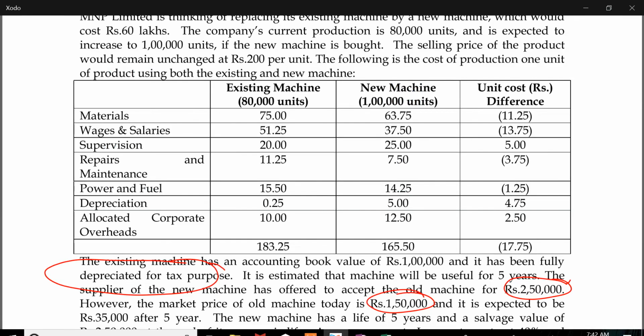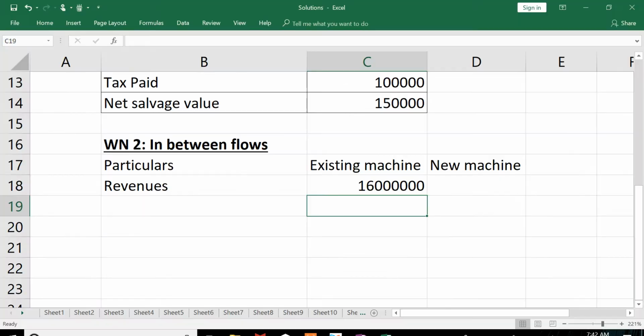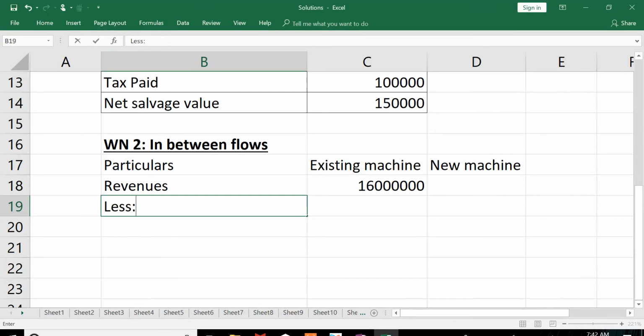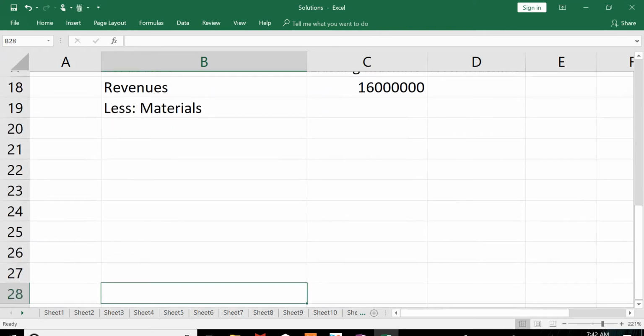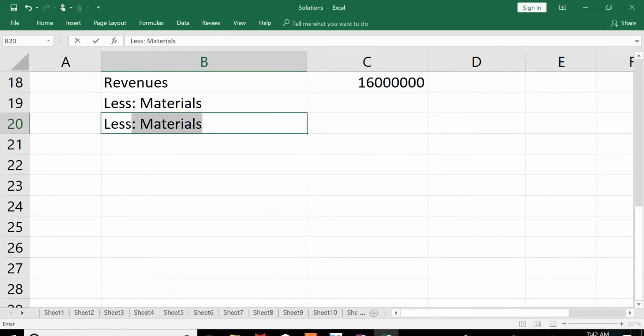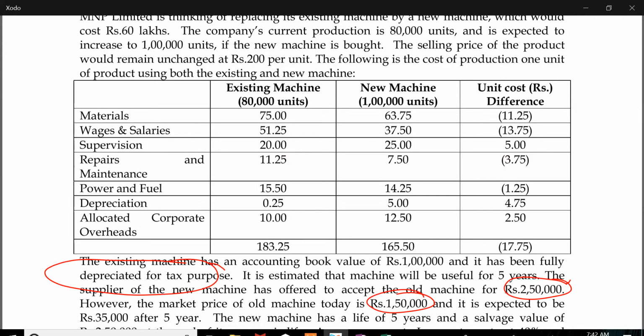What's the first one? Material, wages, supervision, repairs, power, depreciation, corporate overheads, all of that. Please keep deducting it. Less materials. Less supervision.